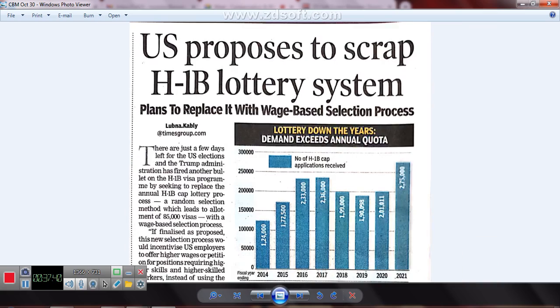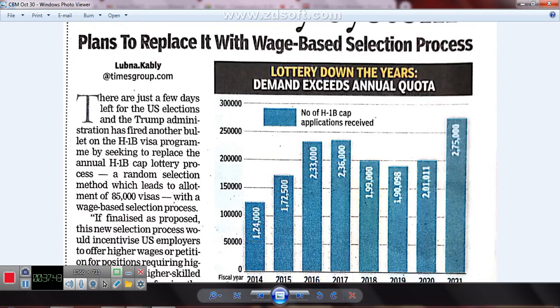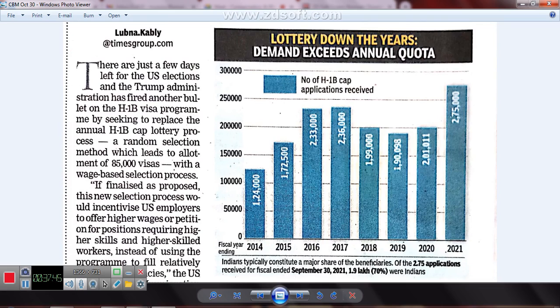So first let me read the news. There are just a few days left for the US elections. For the United States of America, elections are due in a few days, and the Trump administration has fired another bullet in the H-1B visa program by seeking to replace the annual H-1B cap lottery process, a random selection method which leads to allotment of 85,000 visas, with a wage-based selection process.